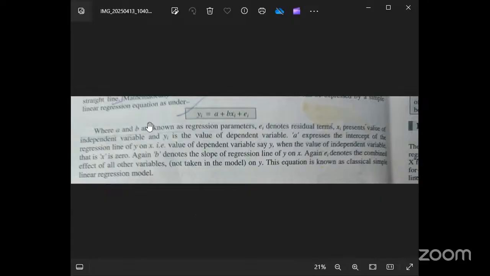So this is all about the linear regression analysis model.